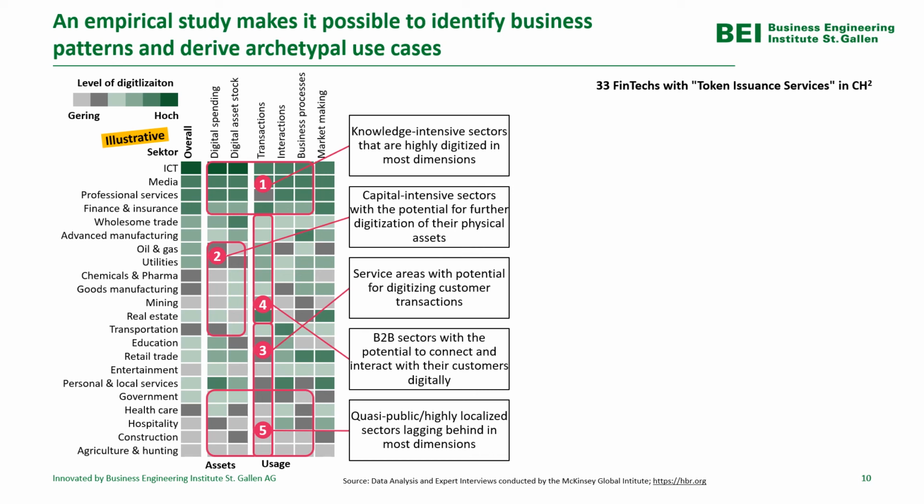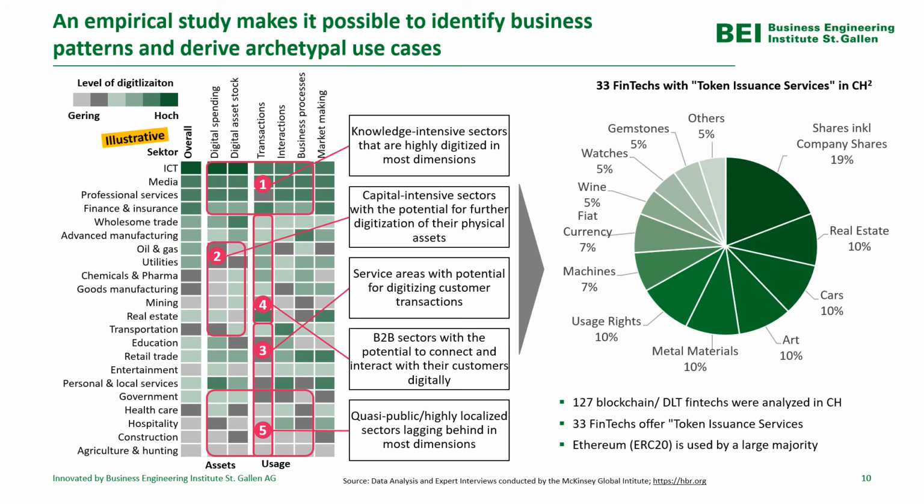And this is really interesting because also in our fintech analysis, we can more or less identify certain use case areas for tokenization. Of course, one area would be the tokenization of existing assets like company shares, bonds, stocks. Then we have the tokenization of illiquid assets, for instance, real estate, cars, art, or metal materials and commodities. As a third part, we have the tokenization of usage rights.